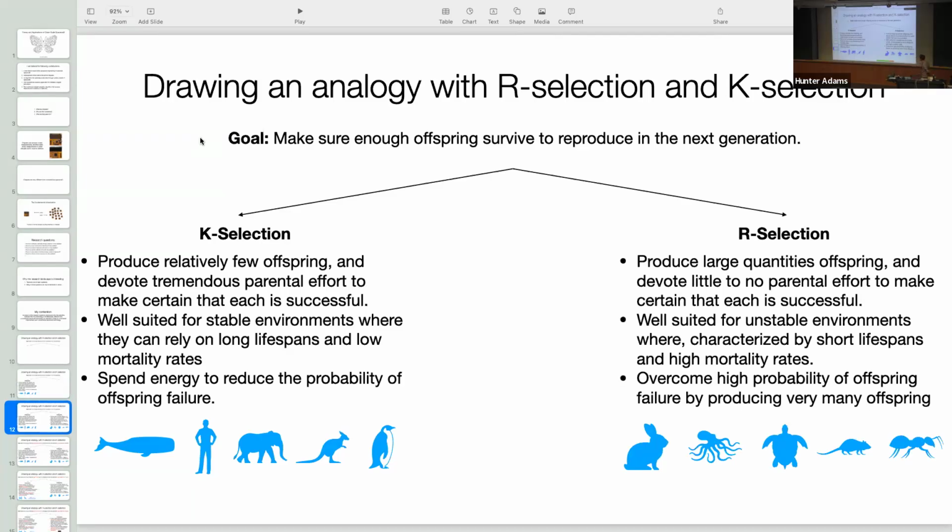The other solution that you see among another huge collection of organisms is R selection. The solution here is rather than producing few offspring and devoting a huge amount of energy to each of them, you produce tons of offspring and devote almost no energy to any of them. So this is the solution that's deployed by things like rabbits and other rodents, by octopus and sea turtles and a whole bunch of other animals.